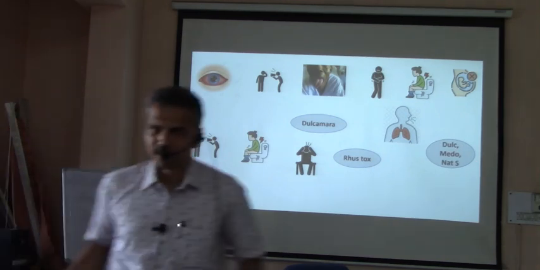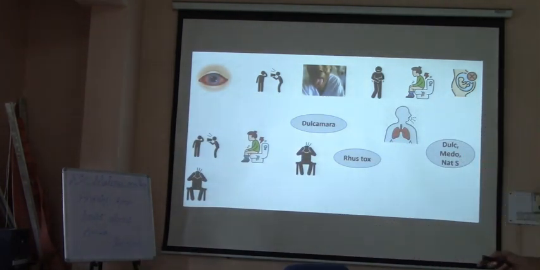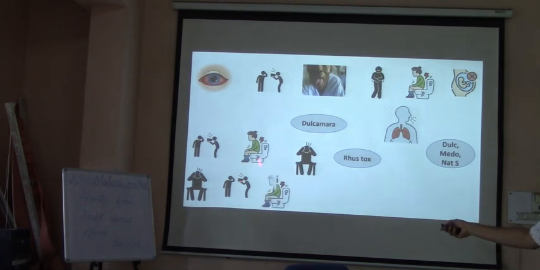And in Merc, our focus will be Merc. What can happen in the Merc group when they get exposed to cold, wet weather? They can either have headache, hardness of hearing, or diarrhea like reflux. This is Merc.